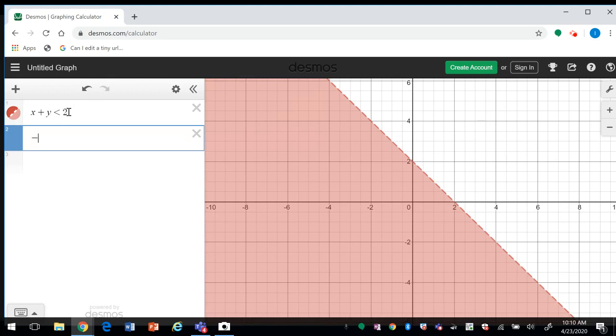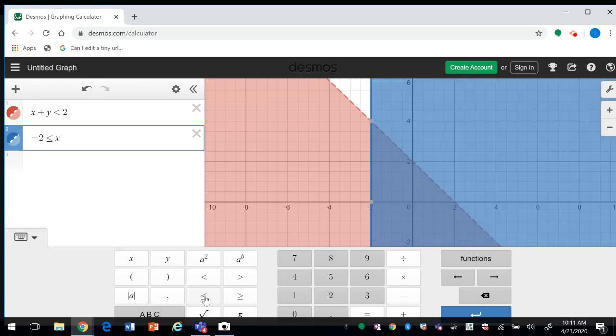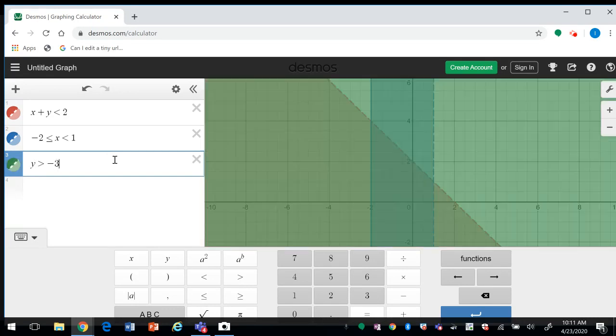And then we have negative 2 is less than or equal to x less than 1. So notice the shading there. And then the last one is y is greater than negative 3.